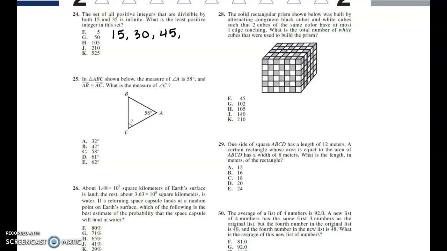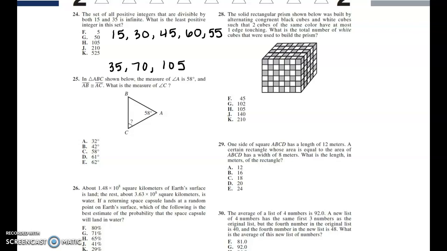What is 4 times 15? And what is 5 times 15? I'm going to stop there for a little bit. And now let's do our lists for 35. So 1 times 35, right? 2 times 35. 3 times 35.